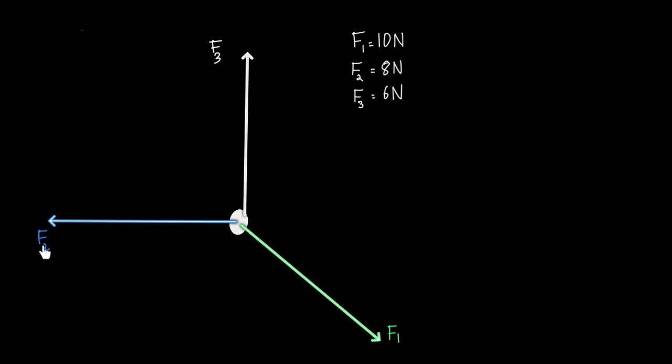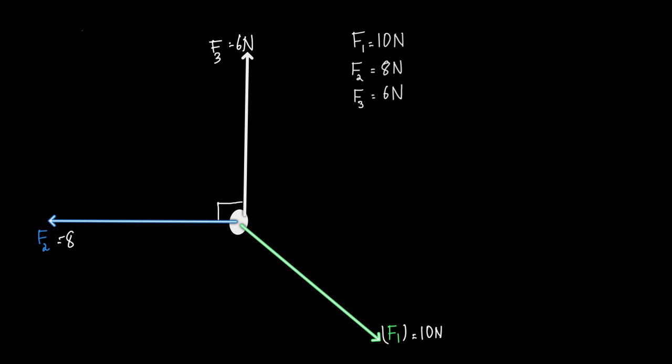Okay, so this means we have F2 and F3 which are acting perpendicular to each other, right? And then we have F1 which is acting in some other direction. And the values are F1 is equal to 10 Newton, F2 is 8, and F3 is equal to 6 Newton.